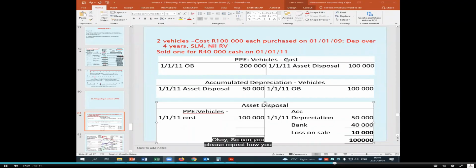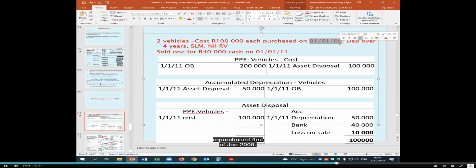Okay, sir, can you please repeat how you calculated the accumulated depreciation? Right. So we had a vehicle worth 100,000. We purchased it on the 1st of Jan 2009. So 2009 goes by, 2010 goes by, and on the 1st of January 2011 we sell the vehicle.